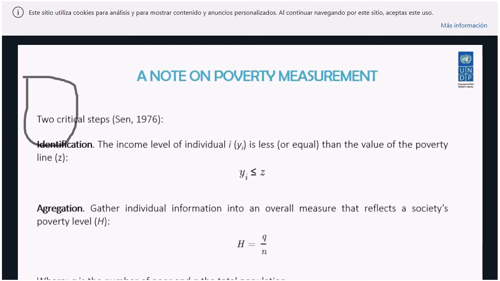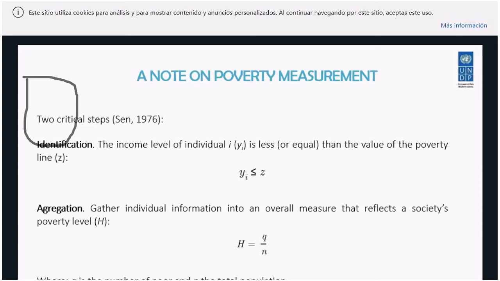So the identification, it's quite obvious, but if you review these two steps in that paper in more detail, you will have a sense of some specific properties that these poverty indices should meet. But let's keep it in the basics.